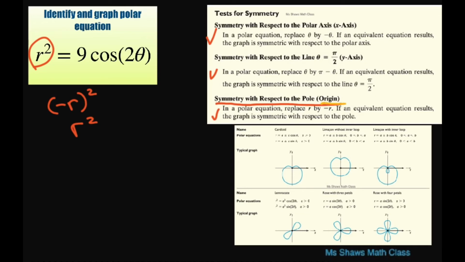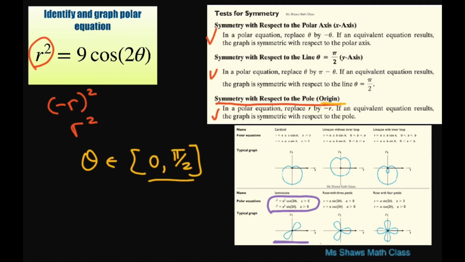Okay, for a Lemniscate, it has this form where a is positive, and this is like the shapes that you get. Not that one, that's a rose, sorry. So this is like the kind of shape you'll get. So let's assign values for our theta to be from 0 to pi divided by 2.